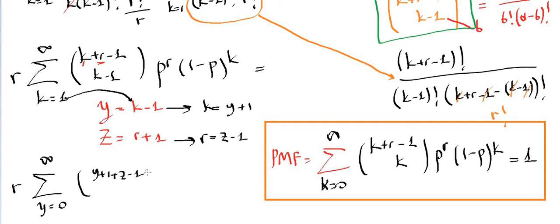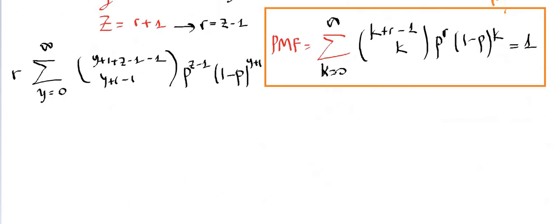And we have negative 1 here. Instead of this k here, we're going to write y plus 1 again. And we have negative 1 here. P to the r, instead of r, we're going to write z minus 1. And 1 minus p to the k, instead of k, we're going to write again y plus 1.